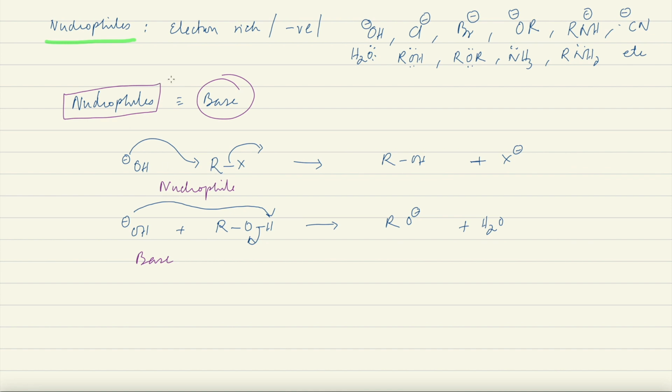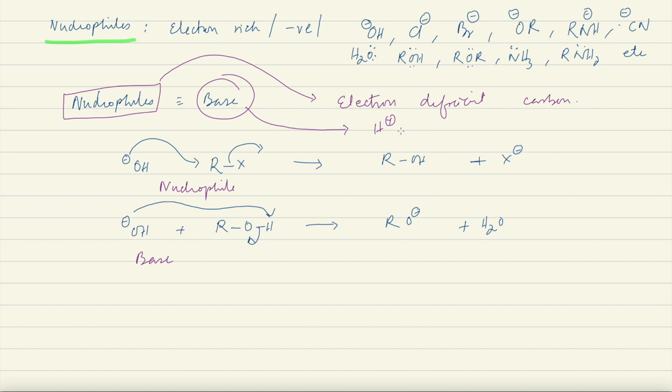So a nucleophile will be reacting with an electron deficient carbon atom, whereas a base will pick up a hydrogen ion. These are the important things that you should know before we go further from here.